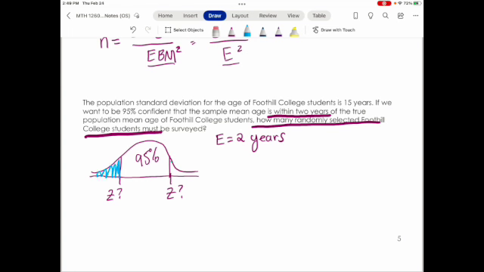Now we can use inverse norm to figure this out, because I know that if 95 is in the middle, then there's 5% left over from 100, and I have to divide that between my two wings. So each wing is going to be 2.5%. So I'm going to use inverse norm.